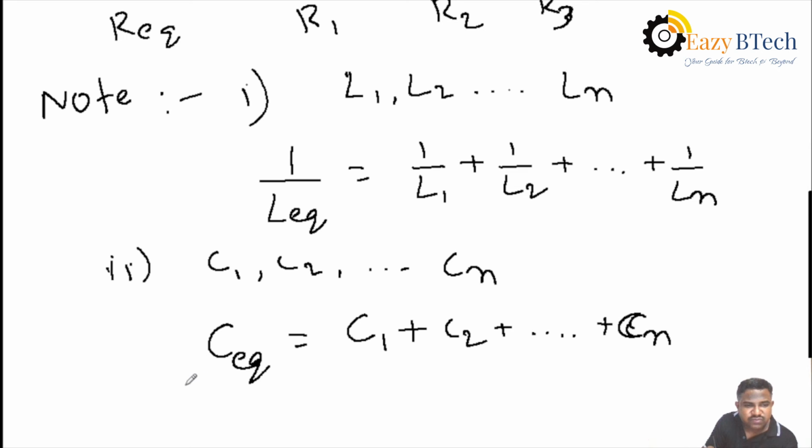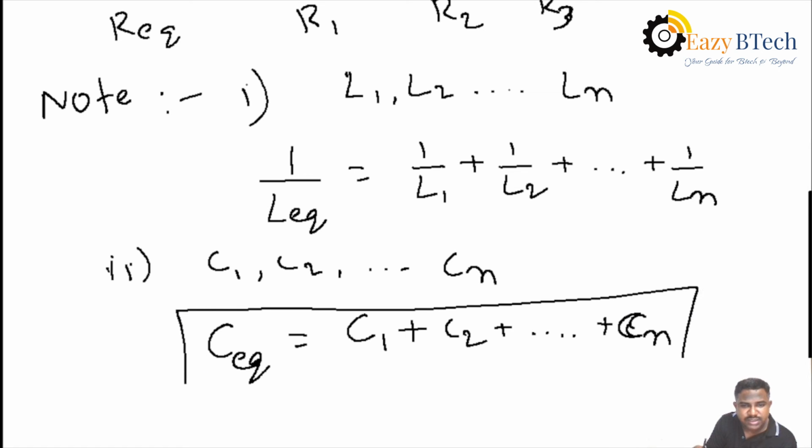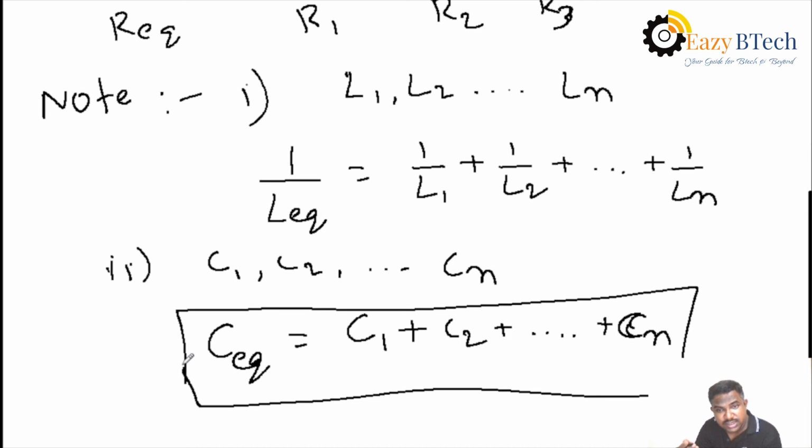Remember, the capacitance formula in parallel connection is adding all elements, and in series connection it is the reverse formula. So that is the only thing different for capacitance. These are the series connection and parallel connection formulas for resistances, inductances, and capacitances.